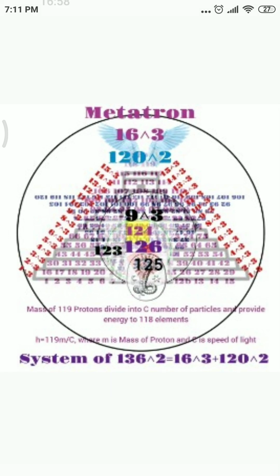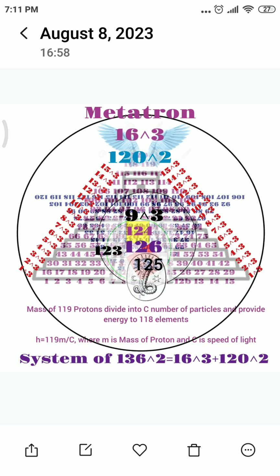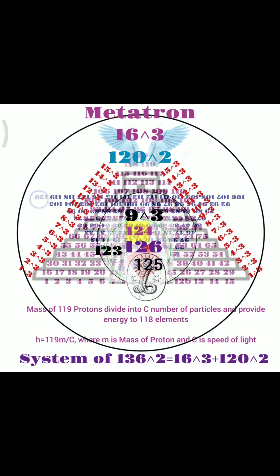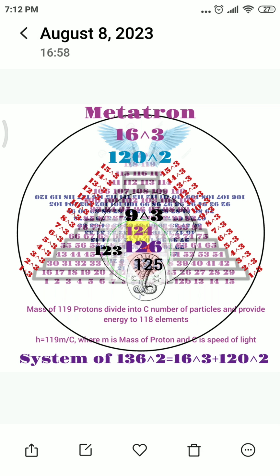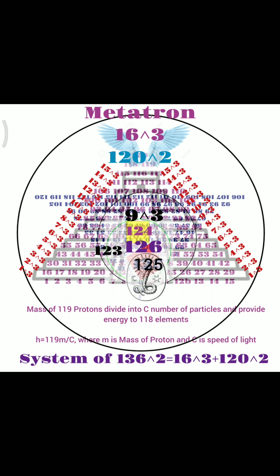And then we have some esoteric terms. What is Metatron? Metatron basically looks like this. It is a combination of two triangular shapes, each with three vertices. The triangle whose vertex points upwards is the male component.